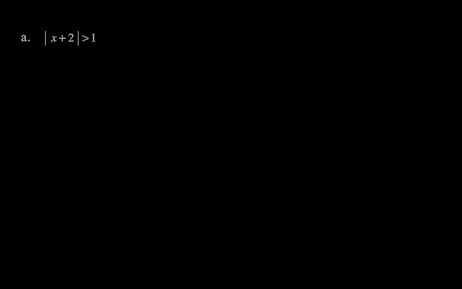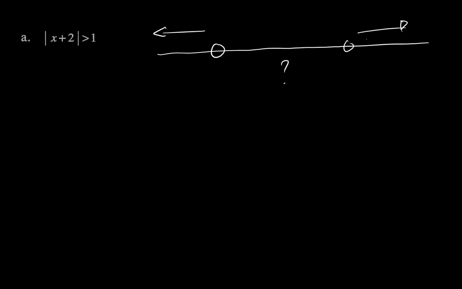Based on this, it's a situation where something is greater than something, so it's going to go off in this direction and off this direction. The thing I'm looking for is more than 1 away. It's not 1 away, and it's not less than 1 away. It's more than, so it's going to be shooting opposite directions, either above or below.